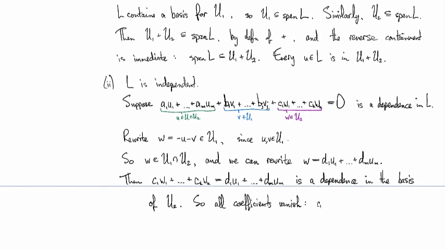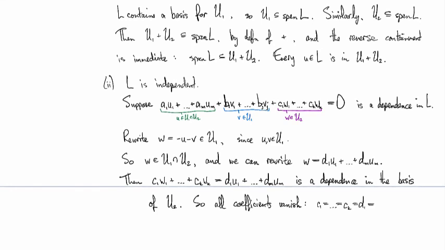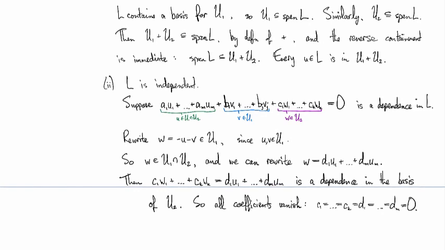So we have c1 equals up through ck equals d1 up through dm, all equal to 0. Okay, now look at what that means back in this equation here.